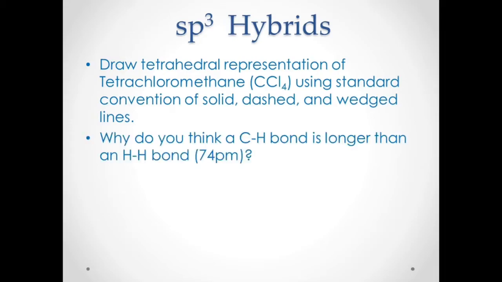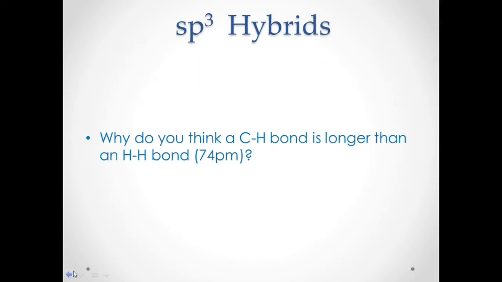So the next would be, why do you think a CH bond is longer than an HH bond? Okay, so what is the CH bond for methane? That is actually 134 picometer.